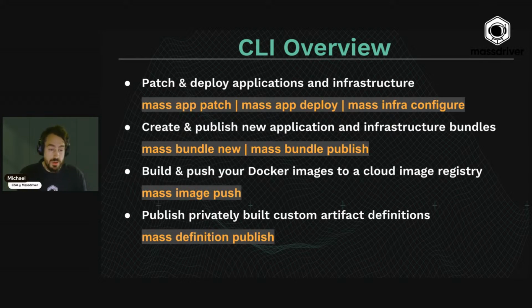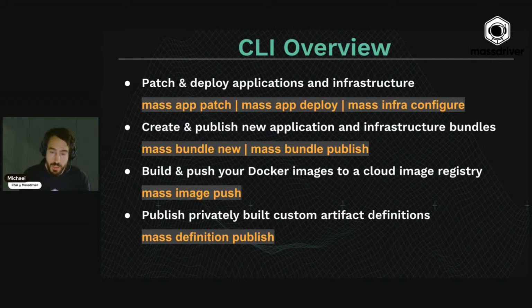All right, so the Massdriver CLI tool is a powerful command line interface for interfacing with the Massdriver platform. We can do some really cool things with this tool. I'll add a link to the CLI in the chat, and then we'll talk about what we can do with it. So we have the ability to patch and deploy our applications and infrastructure.